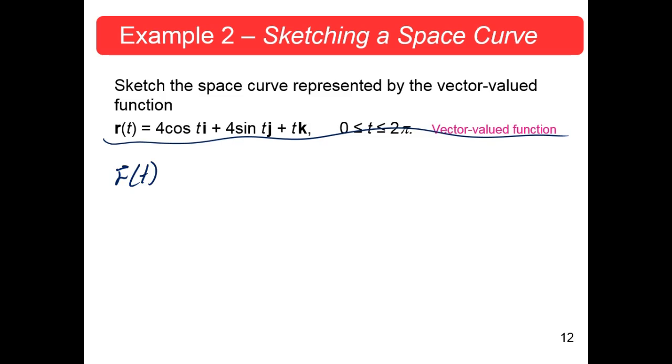But r is a vector. r of t is equal to 2 cosine t i minus 3 sine t j, and this is good for 0 less than or equal to t less than or equal to 2 pi.